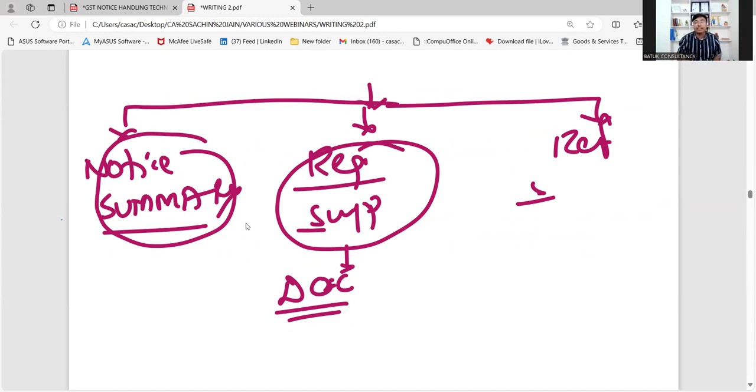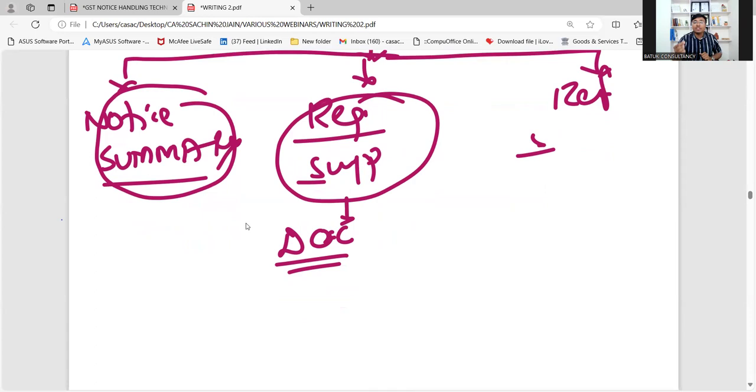In that case you have to take the reconciliation from your client. There may be chances that the notice is for a specific reason related to RCM applicability. Then we need to take the expenditure ledger, because we are just filing the returns and consulting the client. We don't have the complete data of the client, so we need to prepare a list of the documents we require from the client, and based on the documents received from the client, we need to prepare the reply.